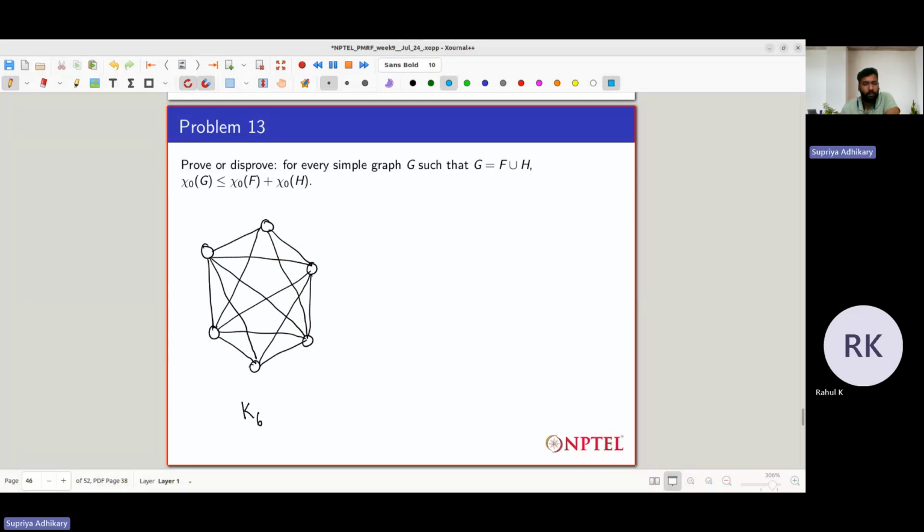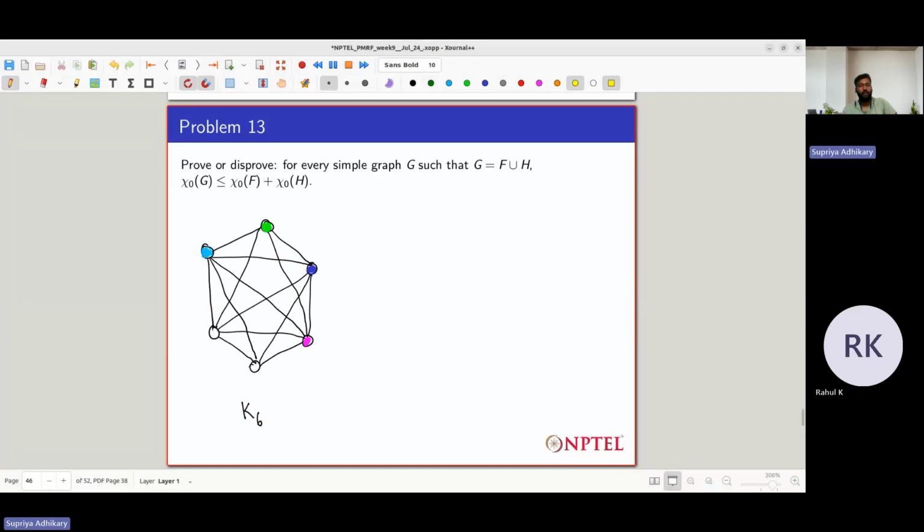Now in K6, if we want to color these vertices, then suppose that we just take one color and color this vertex over here. Then we have to color this vertex with a different color because this is adjacent to this vertex over here. Now we have to take another color to color this vertex, since this is adjacent to both of these vertices. Then again, we have to take a different color to color this vertex, since this is adjacent to all of these vertices that are colored before.